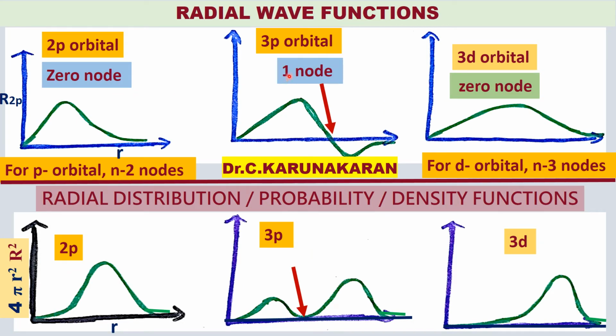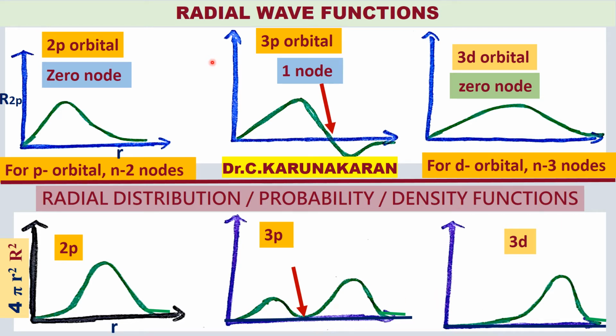Let us compare the radial wave function curve and the radial probability function curve of the 2p orbital. This is the 2p orbital radial wave function curve, and this is the radial distribution curve. The radial wave function curve has plus value and minus value, whereas the probability function curve is always positive.